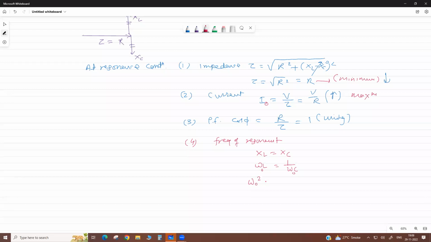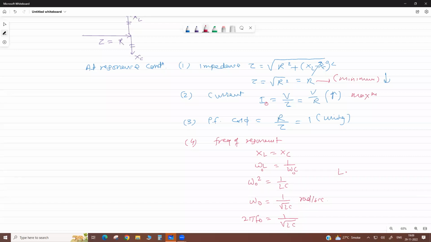Omega naught square equals 1 by LC. Then omega naught equals 1 by under root LC, in radian per second. This is the resonant frequency. Or you can write 2 pi F naught equals this.